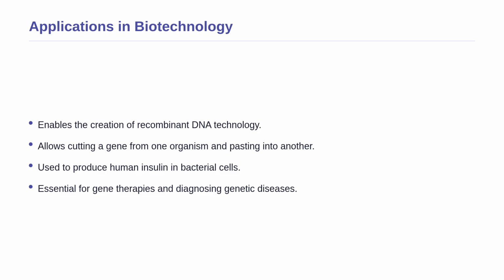For example, the human gene for insulin is cut out using restriction enzymes and inserted into bacterial DNA, allowing bacteria to produce life-saving insulin for diabetic patients. If we did not have restriction enzymes, we would not be able to create genetically modified animals, develop gene therapies, or even diagnose many genetic diseases.